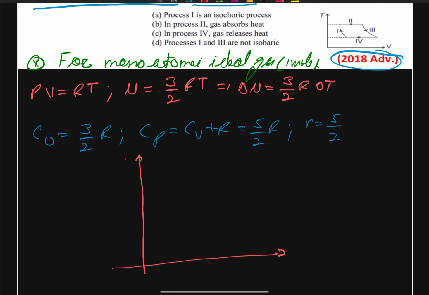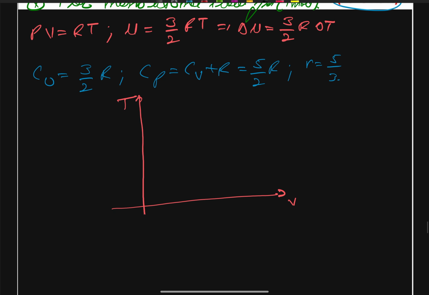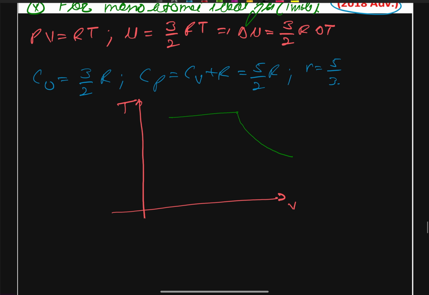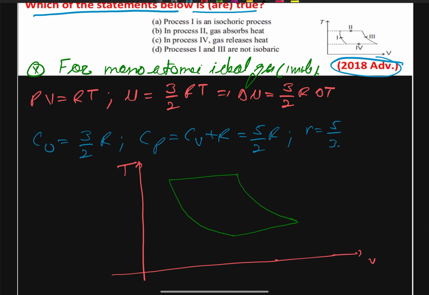So we have temperature and volume axes. And the processes are given to us.